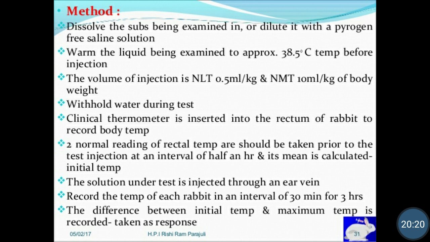Okay, so now we will see the method. In this method, first we have to prepare the solution which is to be injected to the rabbit. Dissolve the substance being examined or dilute it with a pyrogen free saline solution. The substance under testing is diluted with the pyrogen free saline solution.